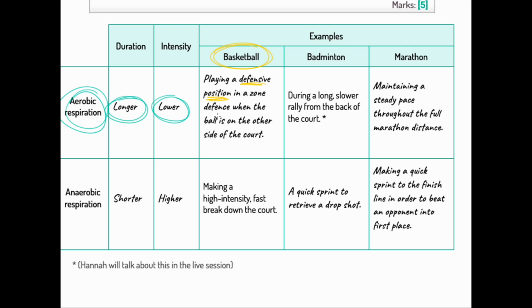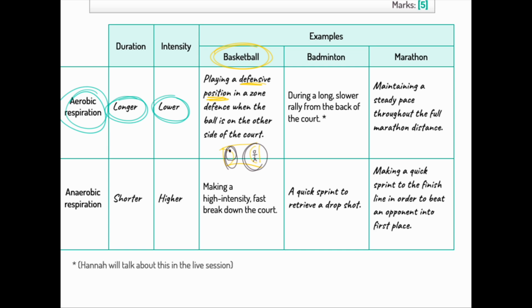The ball is on the other side of the court. Here's my basketball court. The ball is just there, and you are just here in your zone defense. You are not needing to work quite so hard because the ball and play is over here. So you've got a little bit of time. You can get that recovery. You're not working as intensely.